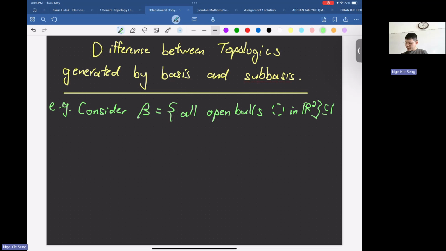Yesterday we showed that this is a basis, and the topology generated by this basis is actually the Euclidean topology. But if you consider subbases, what does it mean? You are taking unions of finite intersections of these. Meaning what? What kind of thing is inside your topology? So for example, this kind of intersection.